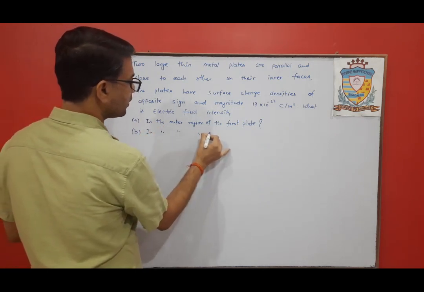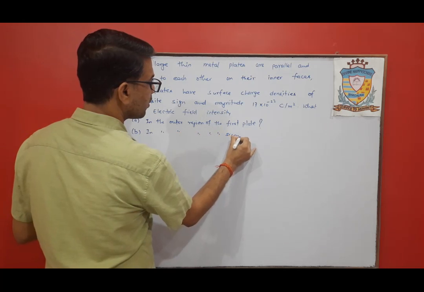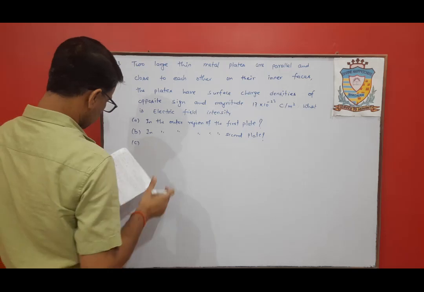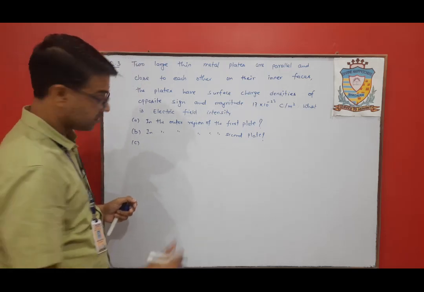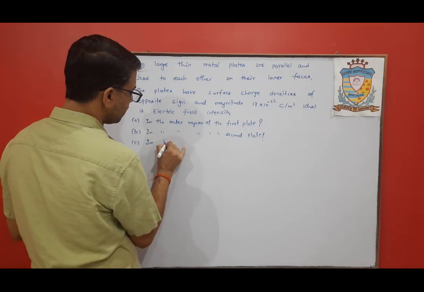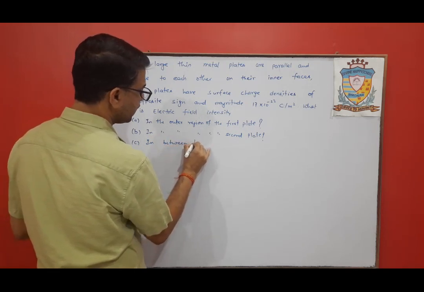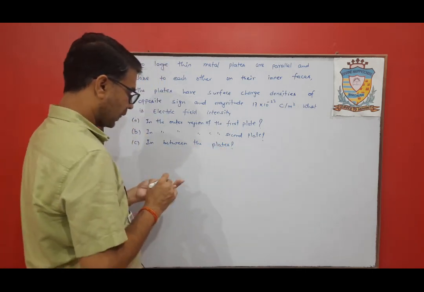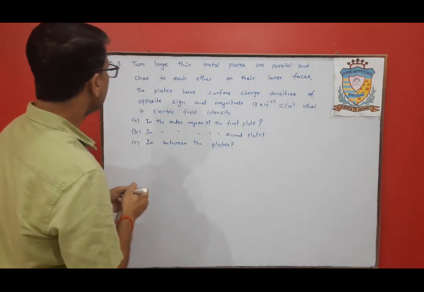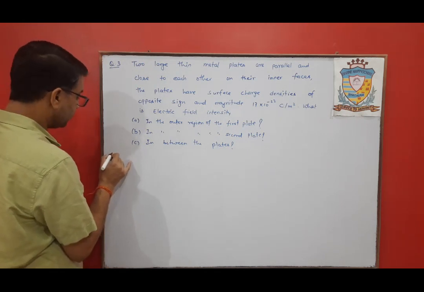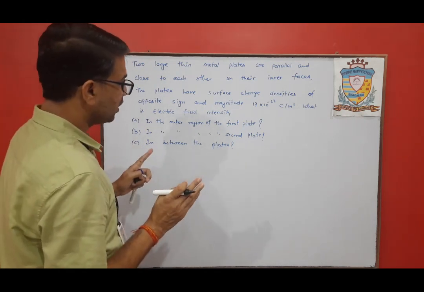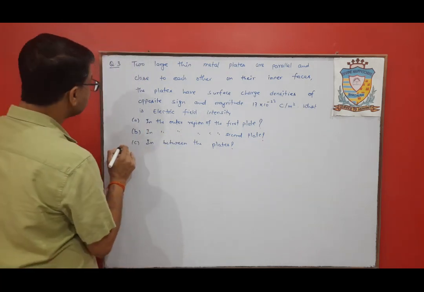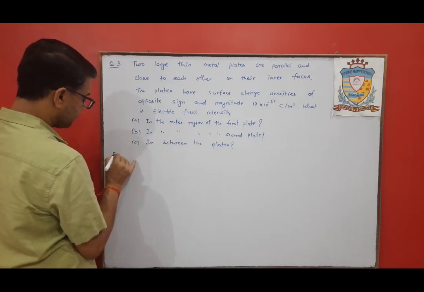Third, in between the plates. Okay, so this is the question for application that we have discussed, that is electric field intensity due to two thin plane sheets having opposite charge density.